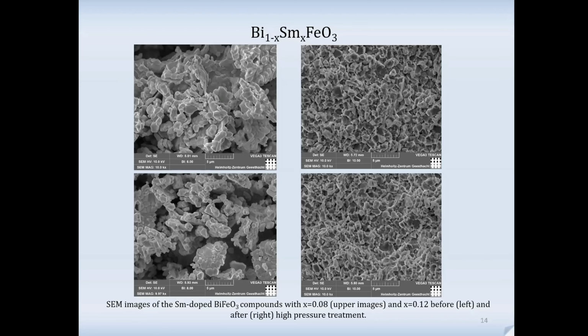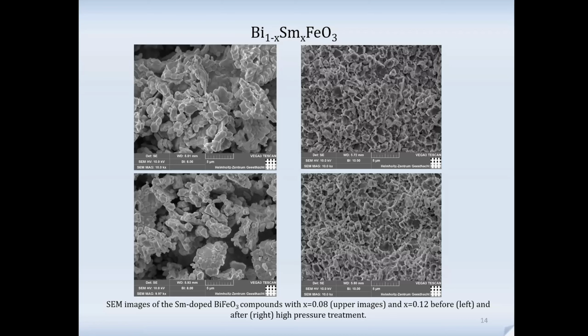But it's probably not the case, because of what we see in the SEM images before and after high pressure. This is the compound with 8% samarium content, and this is the same for 12% samarium. Technically, the grain size is more or less the same. The porosity, of course, decreased because we applied high pressure. And most probably something changed with symmetry.